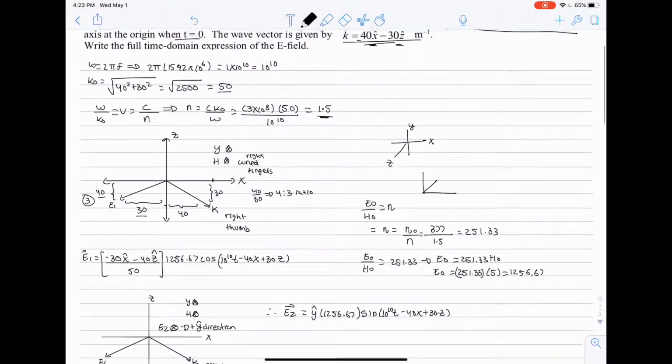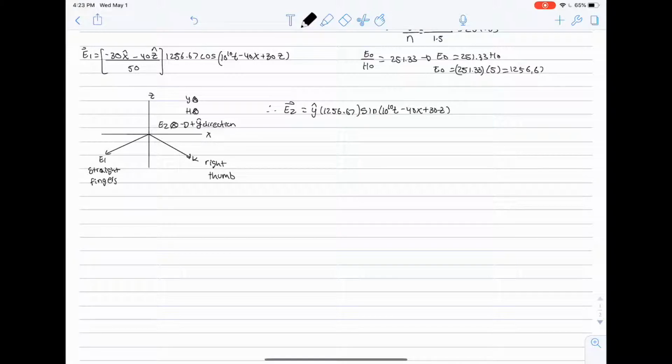So our full time domain expression is going to be E equals negative 30x minus 40z hat, an x hat, over 50 times 1256.67 cosine of 10 to the 10 t minus 40x plus 30z, plus, because positive y hat, times 1256.67 sine of 10 to the 10 t minus 40x plus 30z.